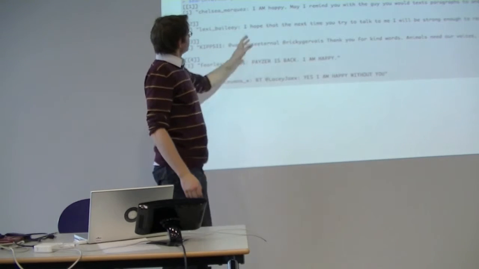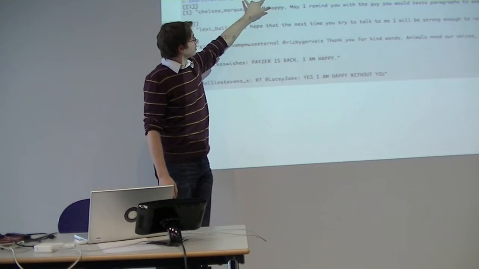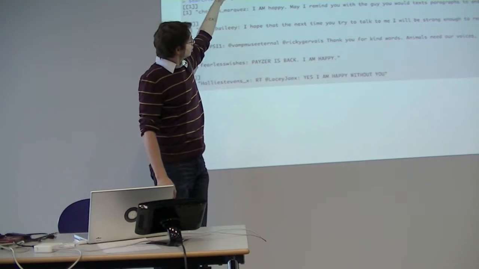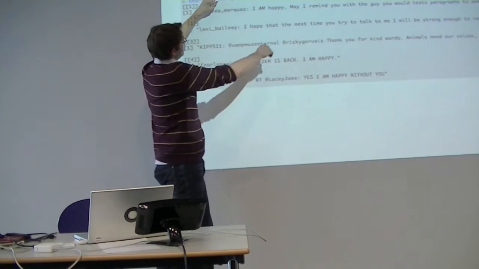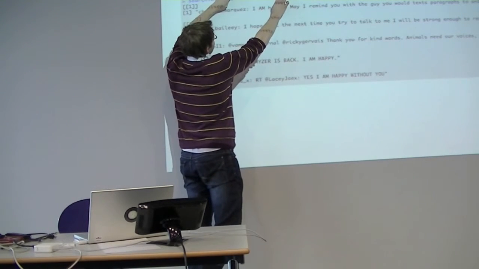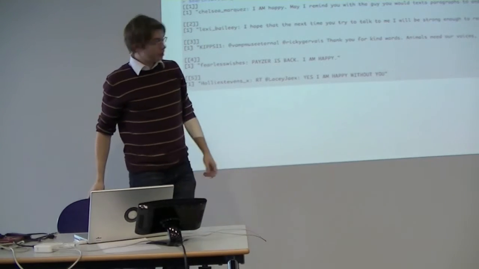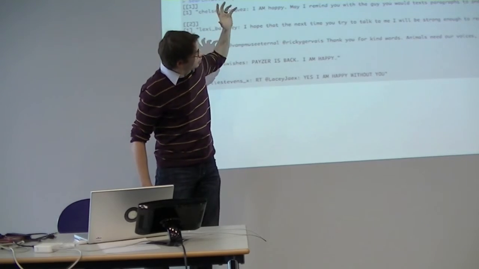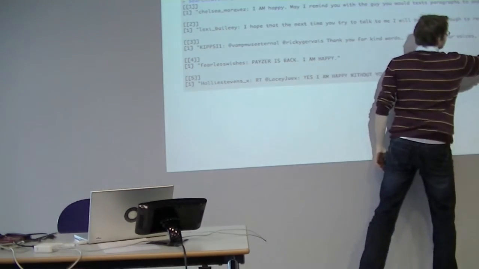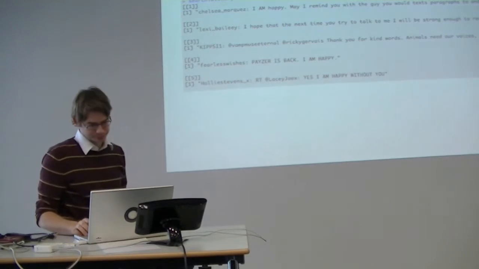And in this case, if I want to look for this expression, I am happy, I will need to use the query field to define this new character string. But then it lets us find everything we want: all the tweets containing exactly this sequence, I am happy.